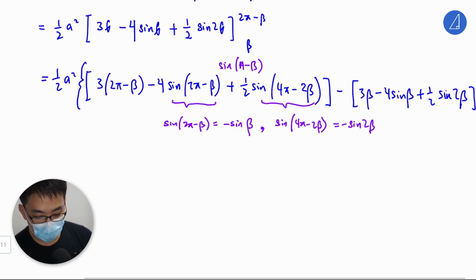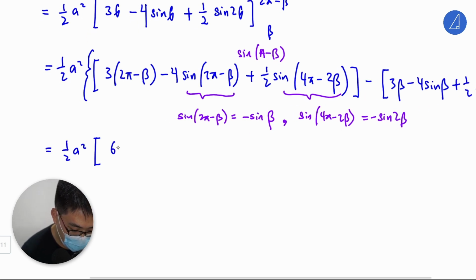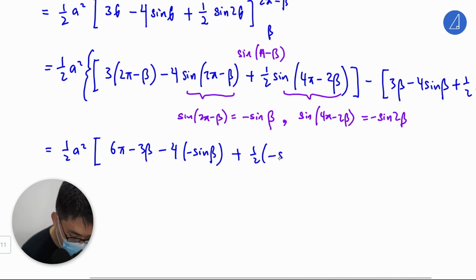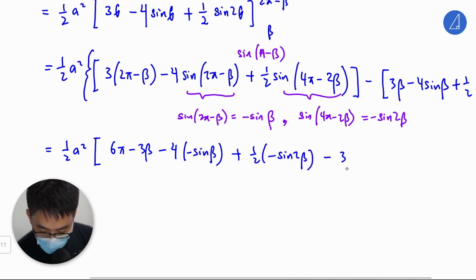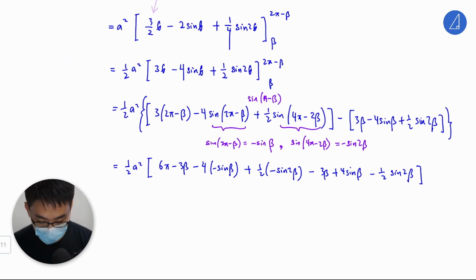But I just use the identity because if I were to rewrite it, my hand is going to drop off really. So this is like okay. Okay. You like.